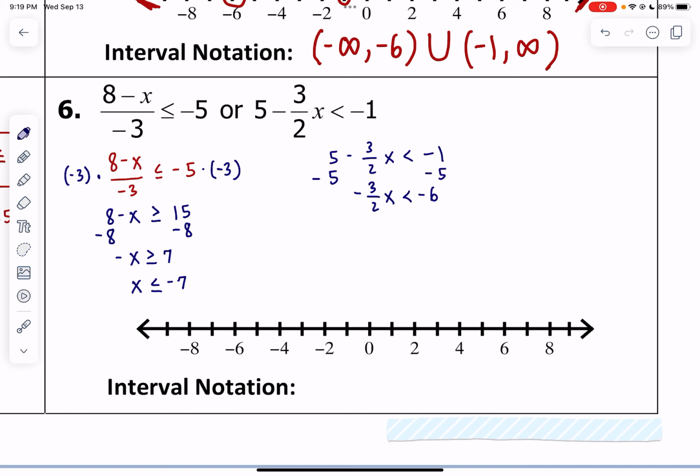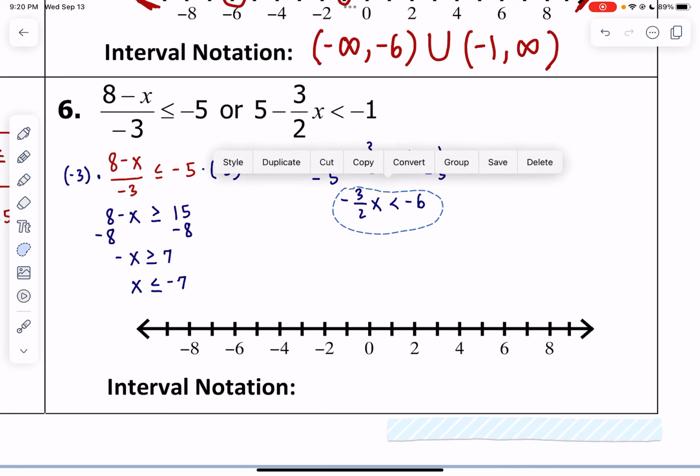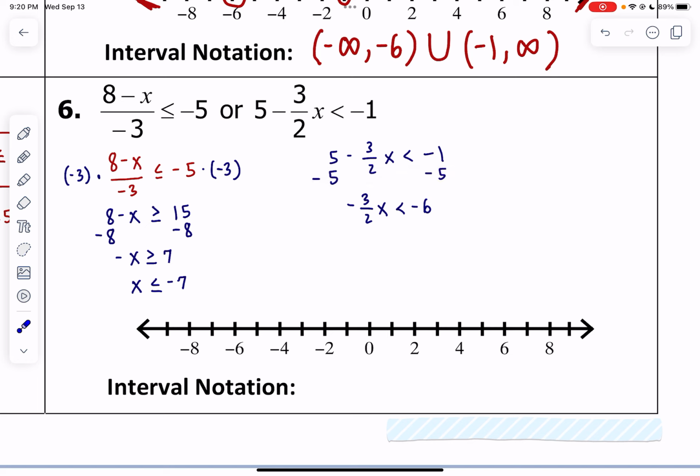We're almost there. And then, going back to our algebra concepts, there are different ways to approach this, but how do we get rid of this fraction is the question. In order to get rid of this fraction, we multiply by the reciprocal. So let's multiply by the reciprocal, so it'd be negative 2 over 3.